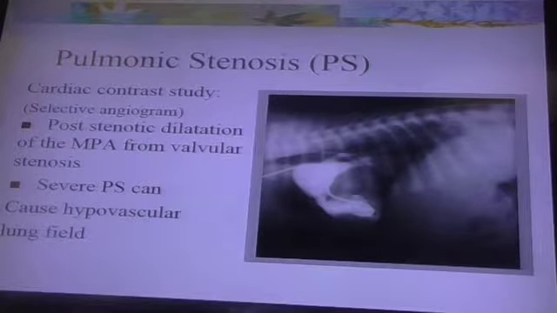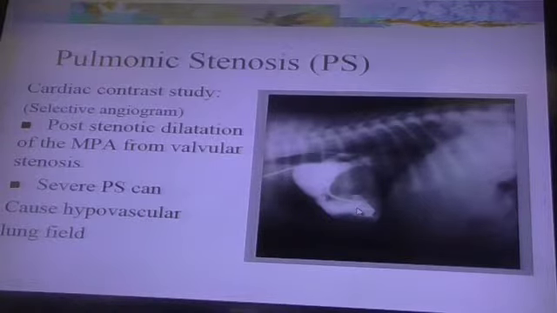Now, if it's severe enough, what happens with the right ventricle? It becomes markedly enlarged because it's still bringing blood flow from the right side of the heart.